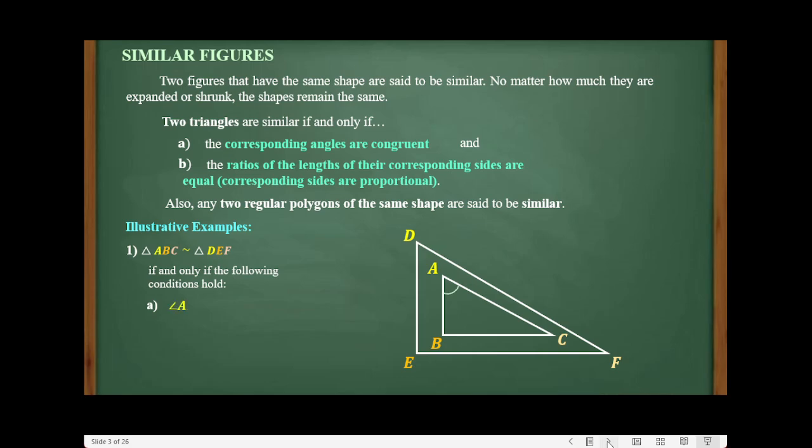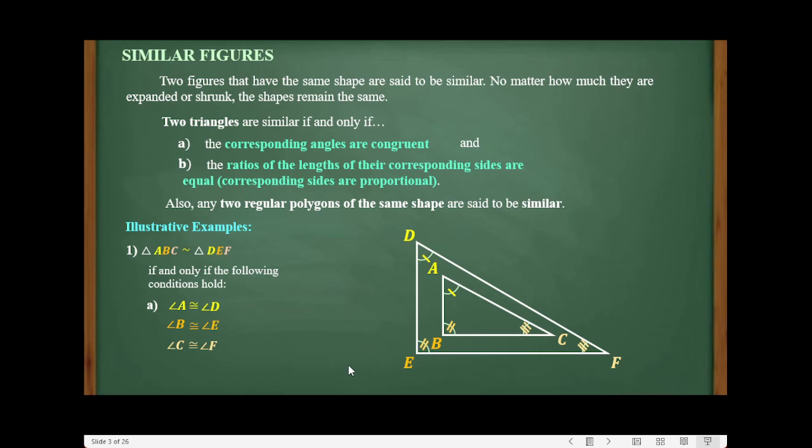The first one is angle A is congruent to its corresponding angle D. Likewise, angle B is congruent to angle E. Finally, angle C is congruent to angle F, as indicated by the identical slash marks on the corresponding angles.